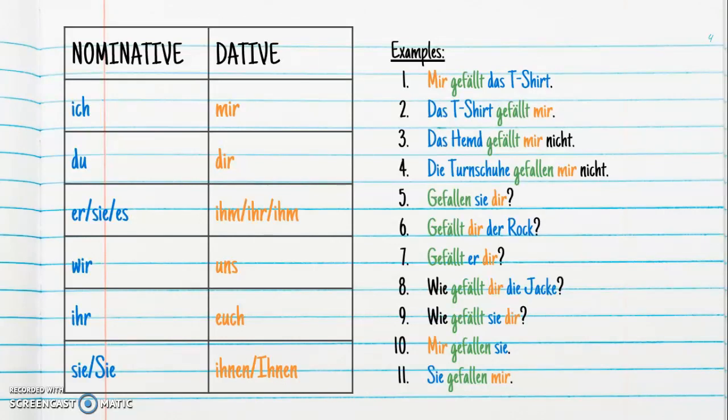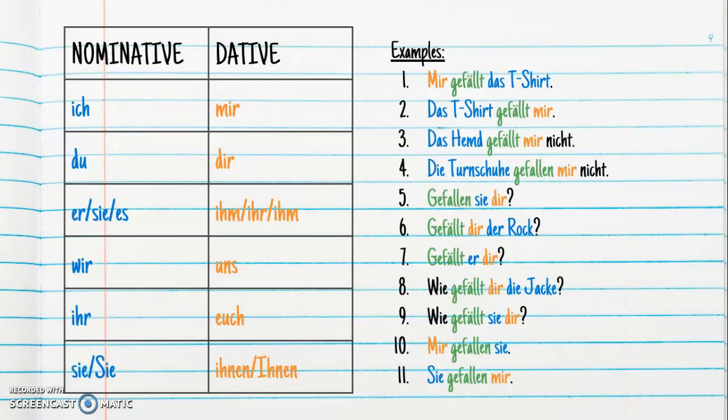And when we use the dative pronouns, so it's a different case, it's the indirect object case, and they switch to mir, dir, ihm, ihr, ihm, uns, euch, ihnen, and ihnen. So when we use these, it essentially means to me or for me. So in this case, we're saying to me.